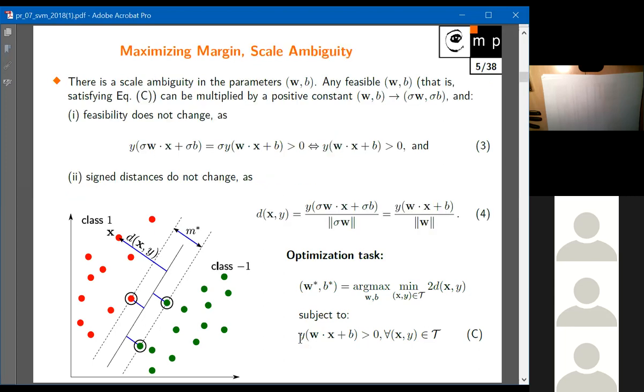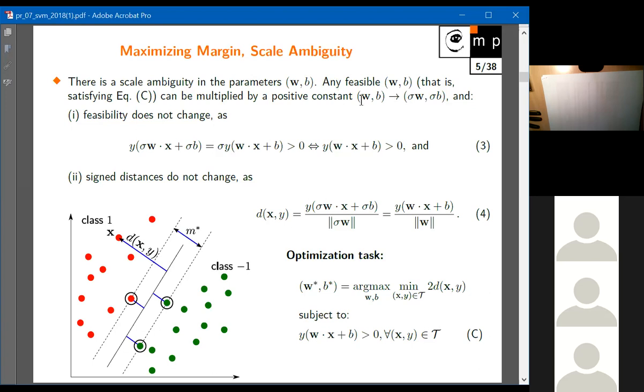Fine. So now one thing we have to sort out, and this is something that most people find difficult to fully digest, but maybe if you don't digest it here, you can think about it at home. First observation: the definition of a hyperplane as we gave it with W and B is not unique.